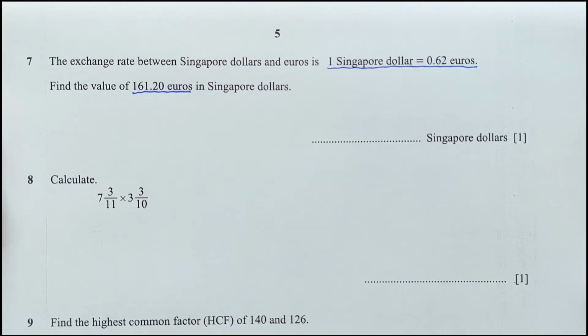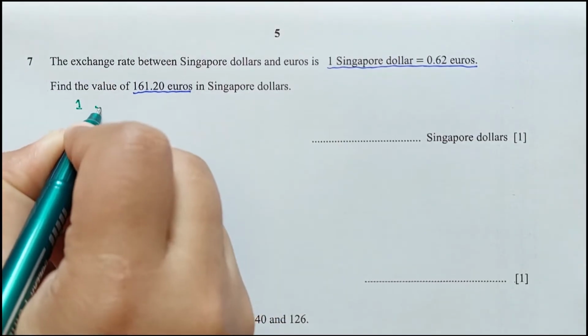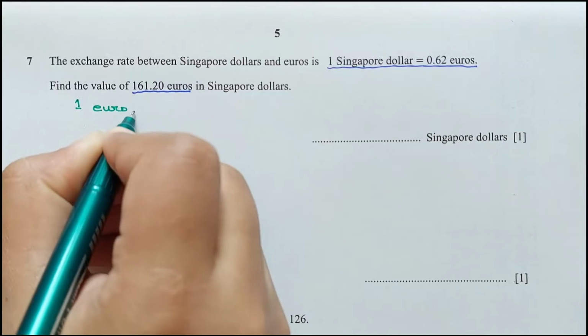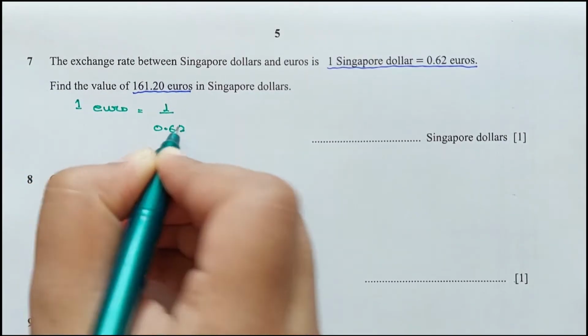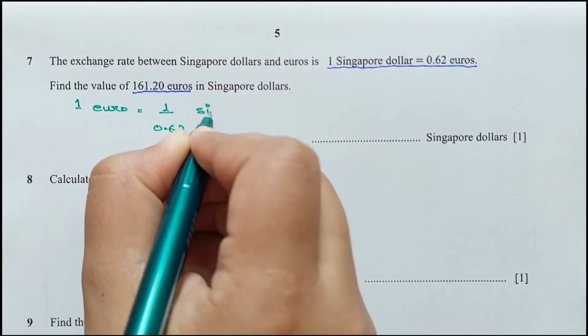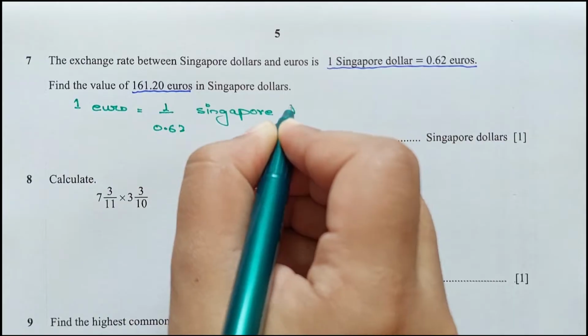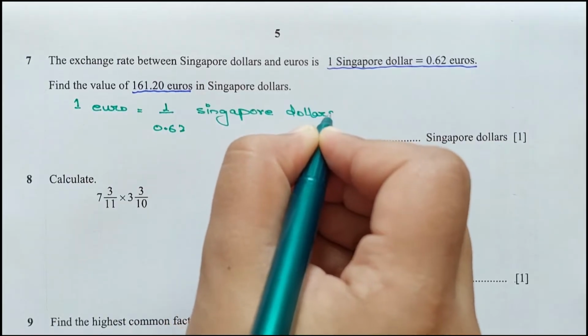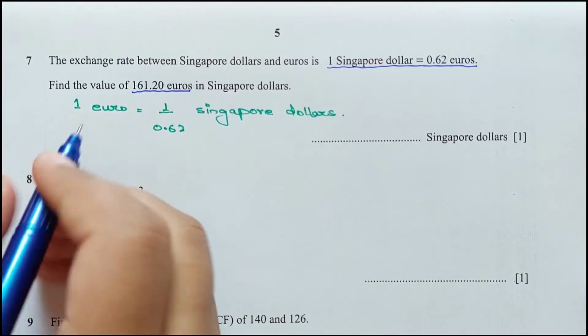Right. Okay, so 1 Singapore dollar is given. So we have to find what is the value of 1 euro. 1 euro is going to be 1 out of 0.62 Singapore dollars. So what about this many euros? We have to multiply it.